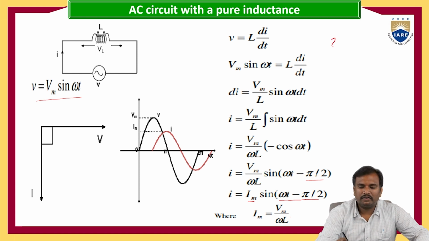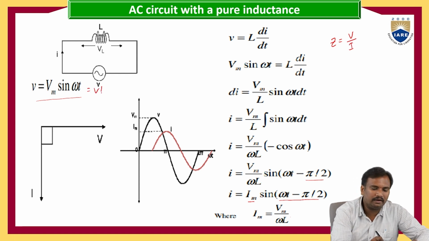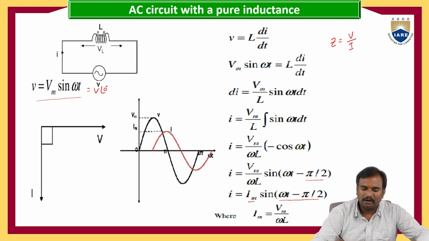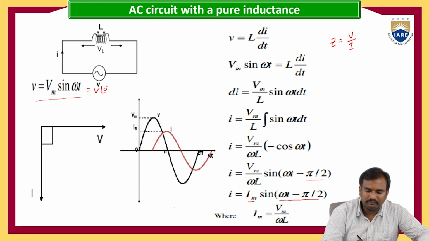Here, if we take the impedance, Z is equals to V by I. Here V we can write as V at an angle 0, and I can be written as I at an angle minus 90.